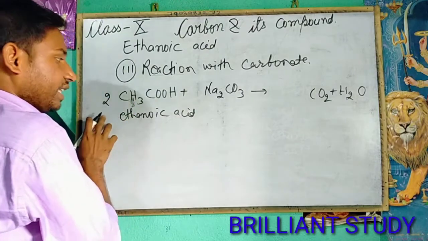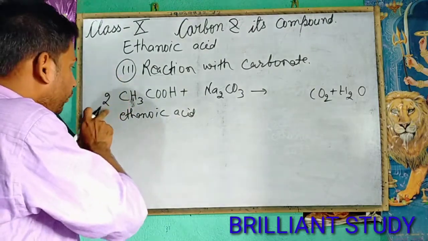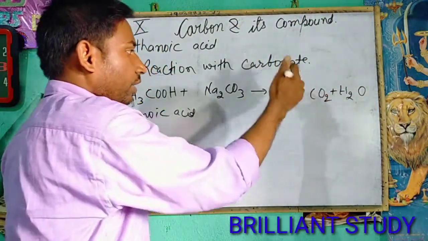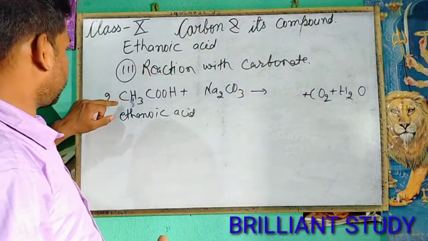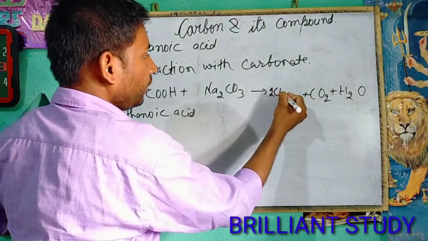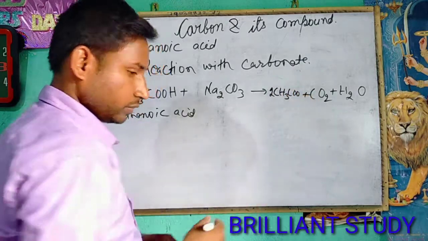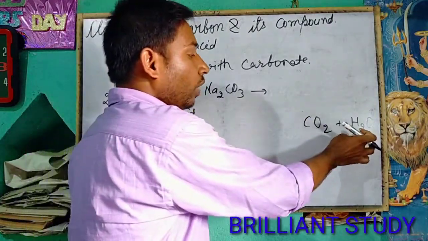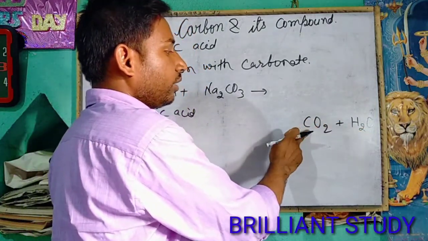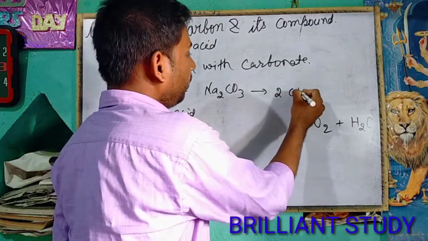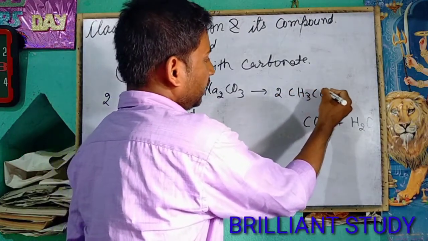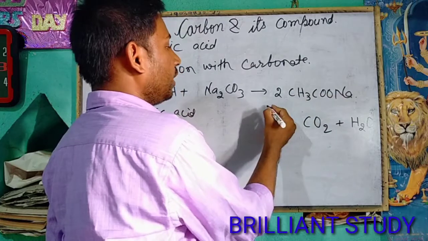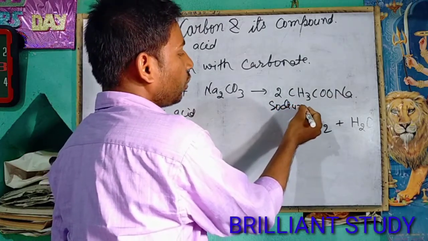Here two molecules of ethanoic acid will take part in this reaction and will form one molecule of water, one molecule of carbon dioxide and two molecules of CH3COONa, that means sodium acetate or sodium ethanoate, that is a salt.